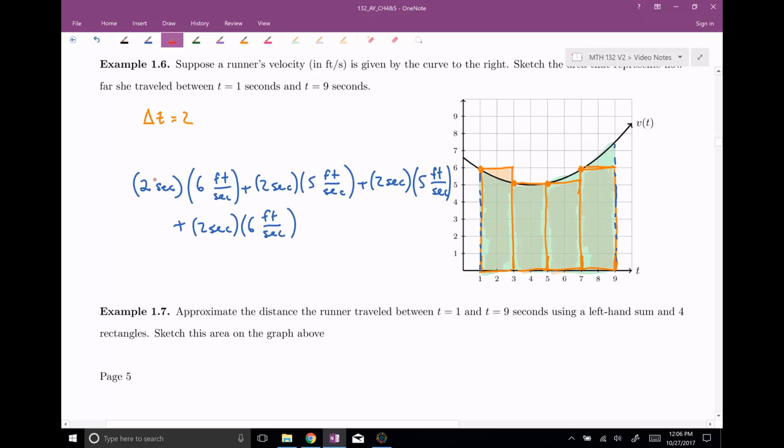And so again, we see that there's a lot of cancellation here, right? All of these seconds kind of cancel out. And so I'm going to have 12 feet plus 10 feet plus 10 feet plus 12 feet.